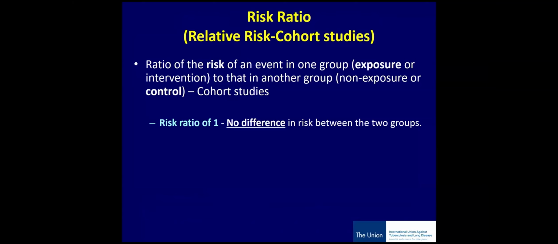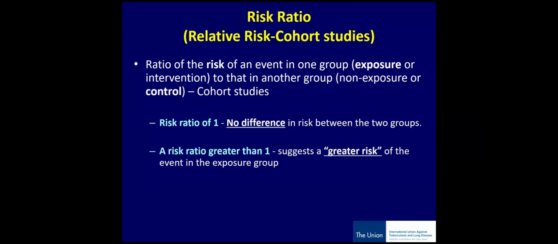For example, with 4, the exposure group has 4 times higher risk of developing diabetes compared to those who are not using tobacco over 5 years. Very important. Every point is important. The time period is important. Compared to whom is important. How many times is important. When it's more than 1, it means they have greater risk of developing the outcome.